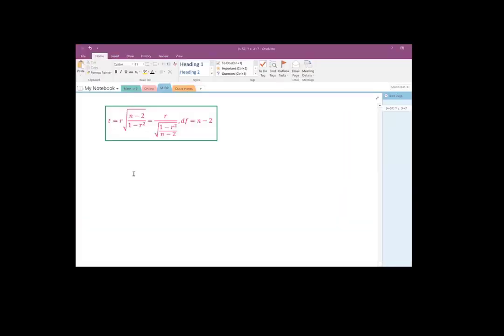If you look at these two formulas, my point being this and this one are the same. Understand what's happening here. If you look at the second one, it's R times 1 over the square root of 1 minus R squared over n minus 2.